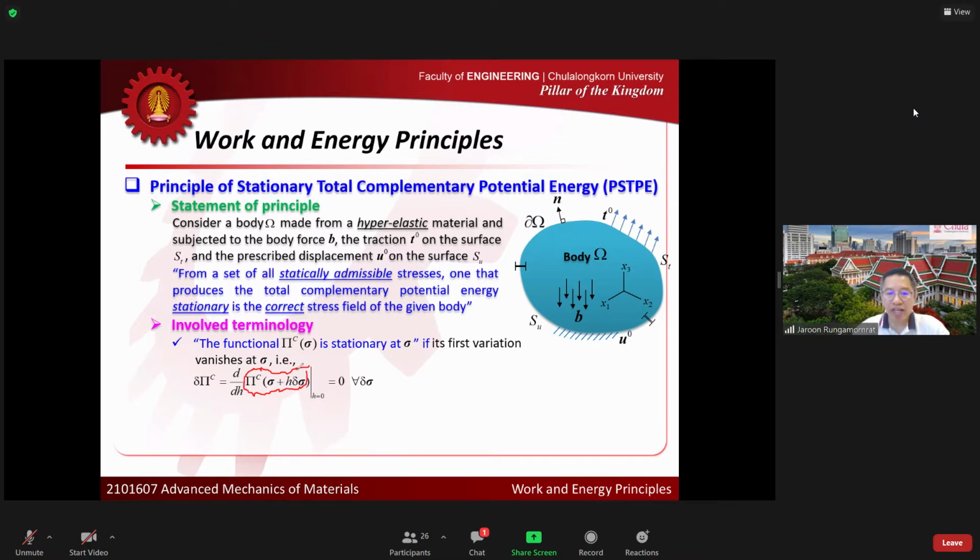The first variation vanishes at the stationary point, meaning this condition is satisfied for every choice of delta sigma. Delta sigma here is simply the perturbation of the field sigma. Make sure that sigma plus h delta sigma still sits in the set of all statically admissible stresses.